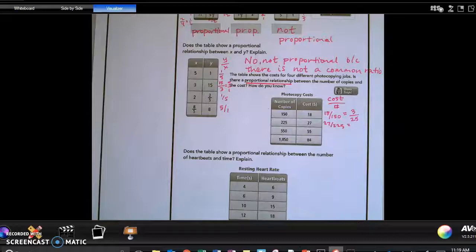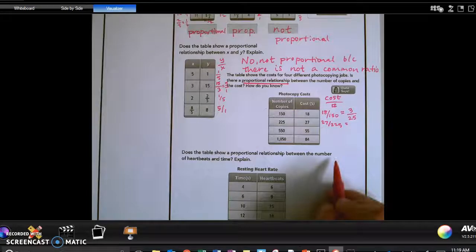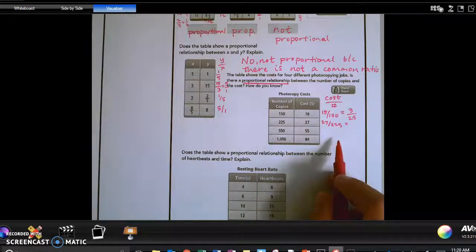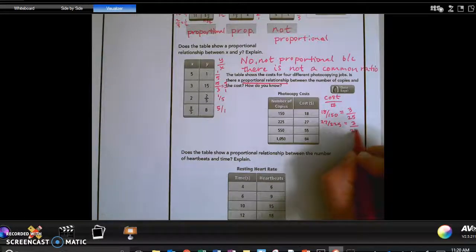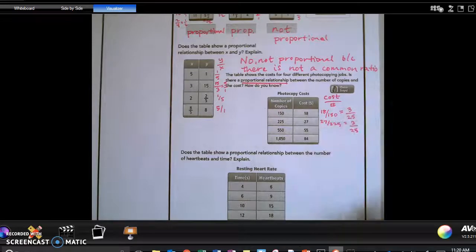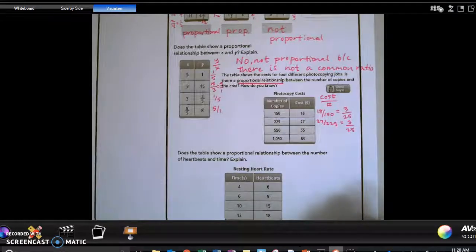So now I'll think of my other factors of 27. I know 9 times 3 is 27, so I might check to see if 9 will go into 225, and it will. So I can divide the top and the bottom each by 9, my greatest common factor, to get 3/25. So far we have a common ratio in our top 2 rows.